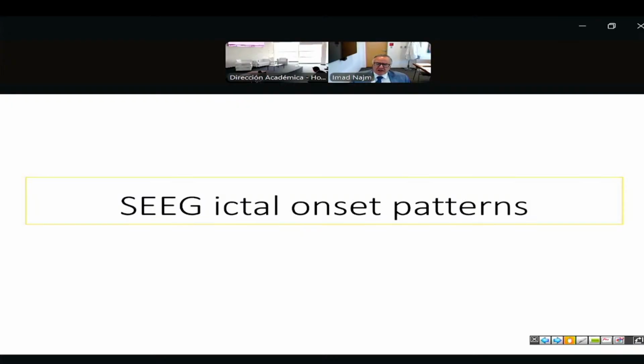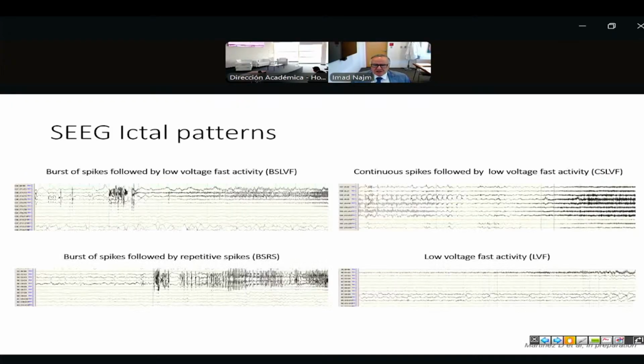Now, the SEEG ictal onset patterns are not always the same. And that is, I think, a big challenge sometimes, in particular when multiple electrodes are involved at once. In this situation, the big question comes, what is the onset? What is the spread pattern? These are some of the patterns from our analysis of our SEEG cases.